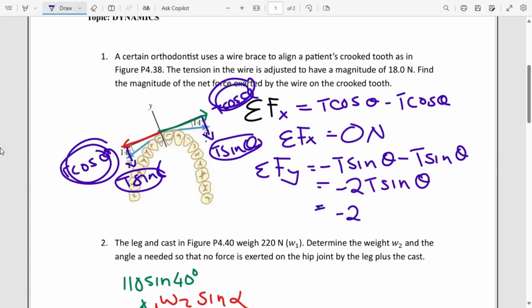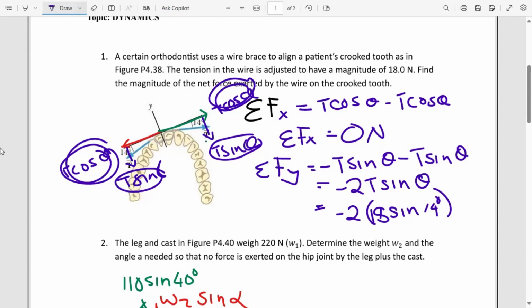Which T are we talking about? It is the tension. They've already given us that the tension is equal to 18 newtons. So 18 sine the value of theta, which is 14 degrees, like that. So let's punch into our calculator: 18 sine 14 degrees. This is 4.35.